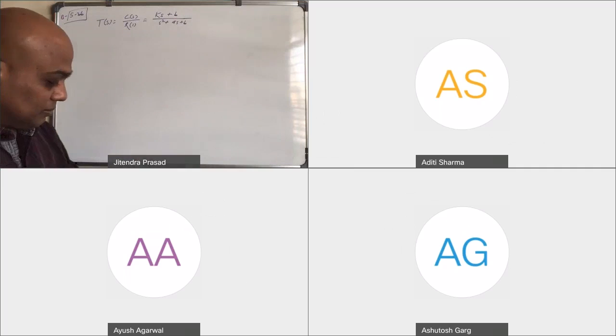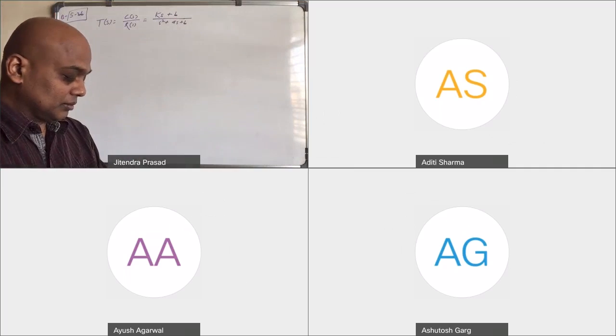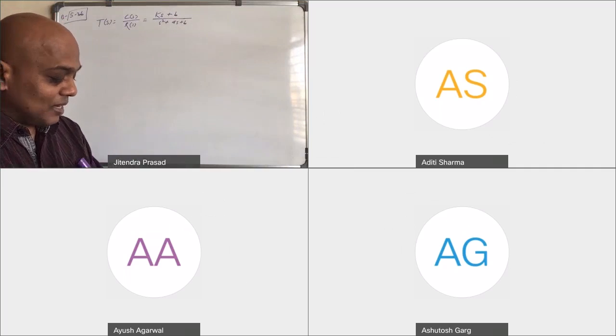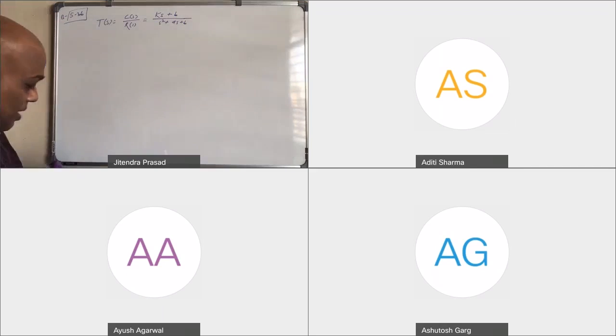First it is asking what the open loop transfer function is.